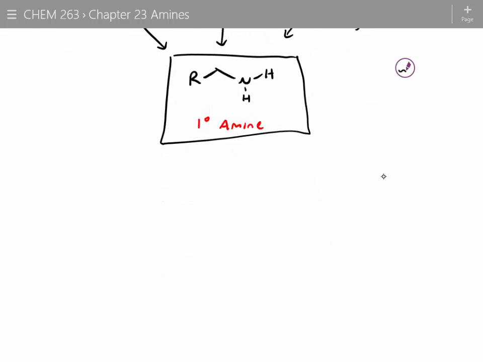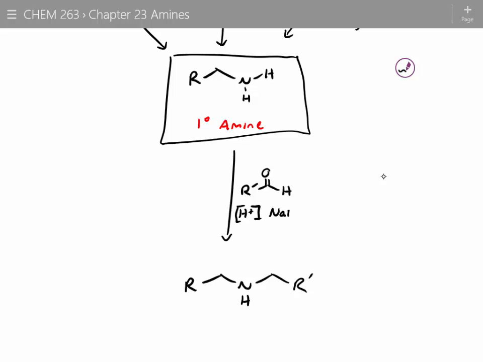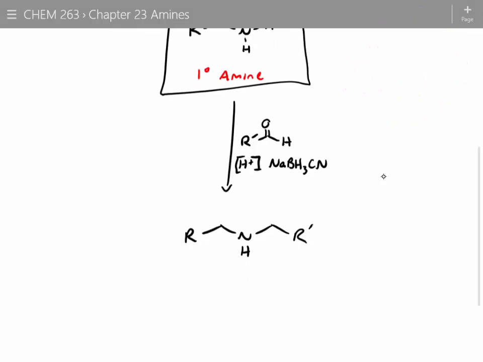So if we want to go from a primary amine to a secondary amine, we can again just do reductive amination, but this time use a slightly different aldehyde, so I'll do R prime there. And you can get to your secondary amine.